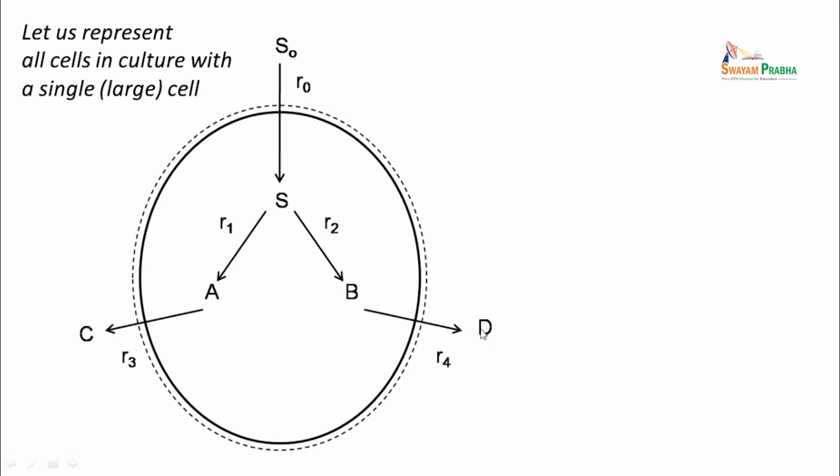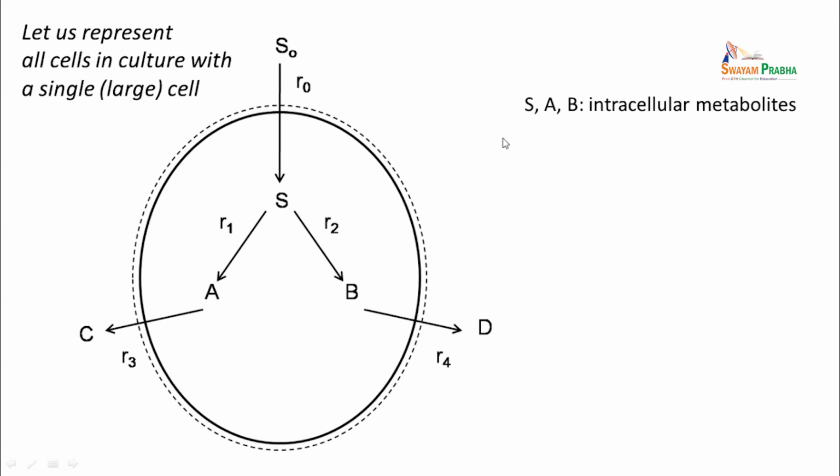B gets converted to D at the rate of R4, which comes outside. A gets converted to C at the rate of R3, which also comes outside. Okay, so this is the situation here. Let us say that this is some important metabolic pathway that is happening in the cell. This is the case.